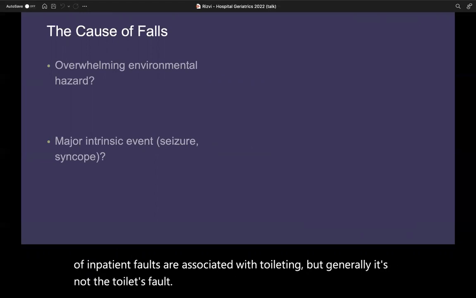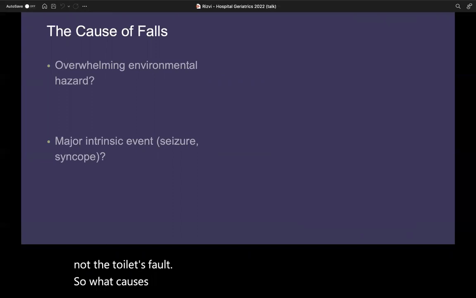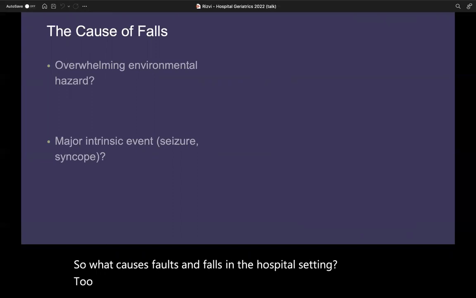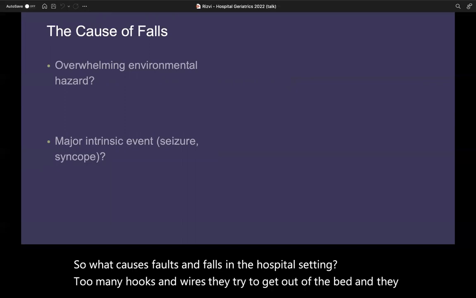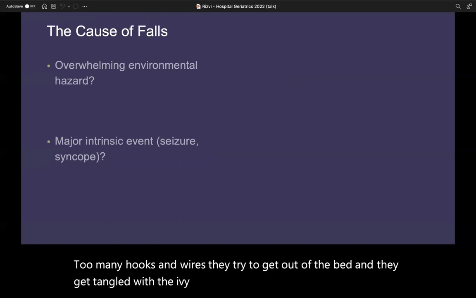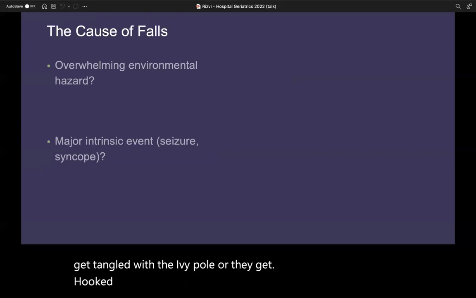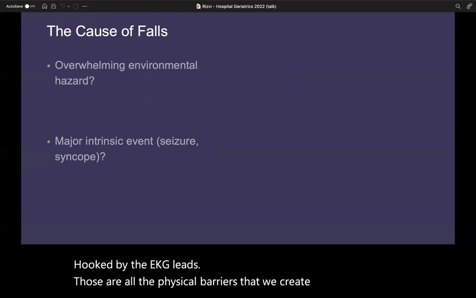So what causes falls in the hospital setting? Too many hooks and wires. They try to get out of the bed and they get tangled with the IV pole, or they get hooked by the ECG leads. Those are all the physical barriers that we create for patients in the hospital setting.